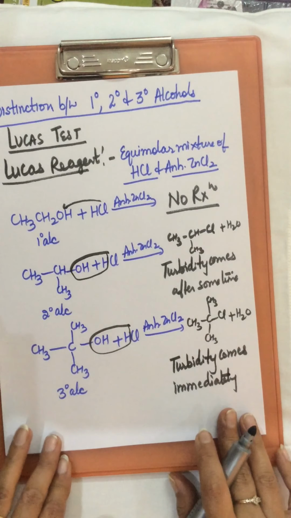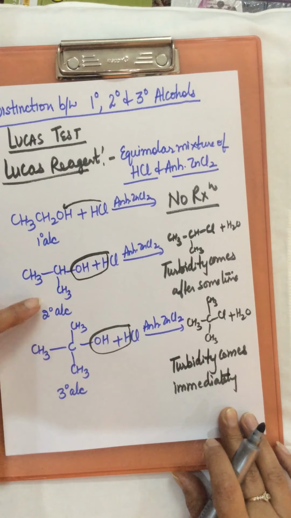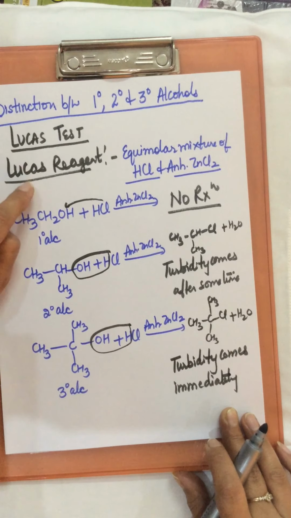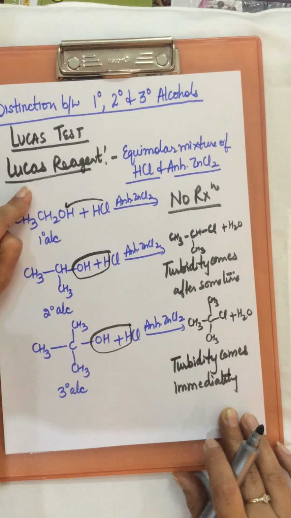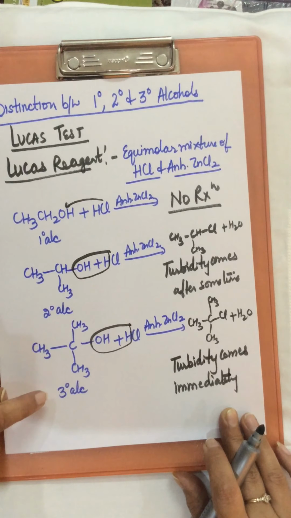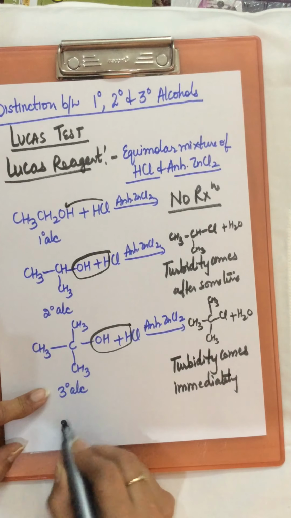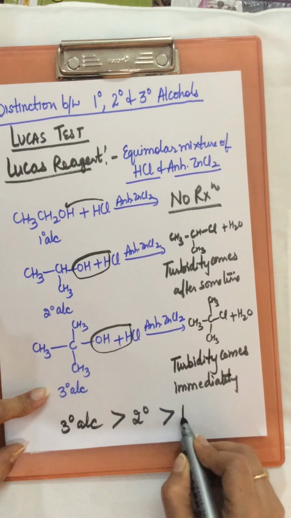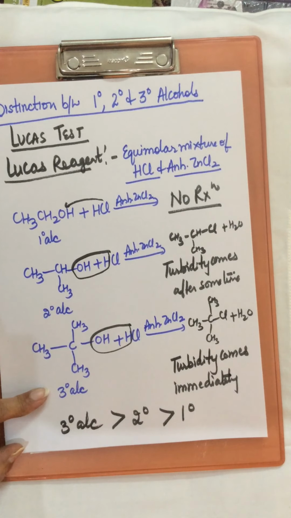So this way we can distinguish between the three types of alcohols by doing the Lucas test using Lucas reagent. This also clears one thing more, that tertiary alcohol's reactivity is more than secondary alcohol. Secondary alcohol's reactivity is more than that of primary alcohol.